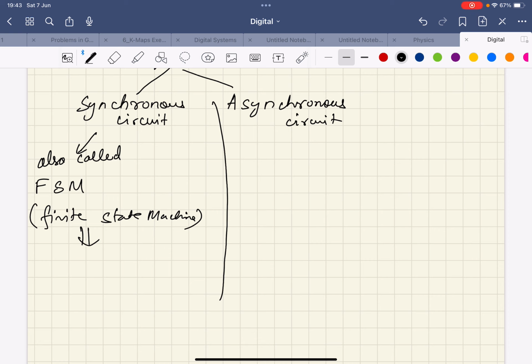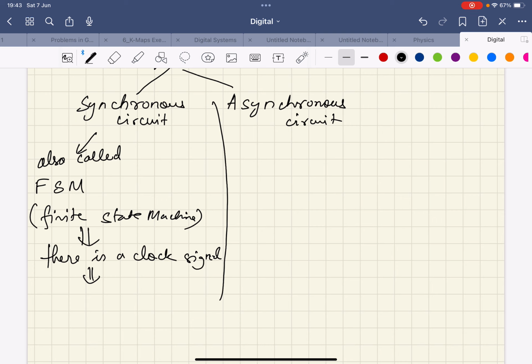It means there is a clock signal. At each interval, at each state, there is a timing. Let's say after 5 seconds, it will go to the next state. After 10 seconds, it will go to the next state. Everything is set by a time.